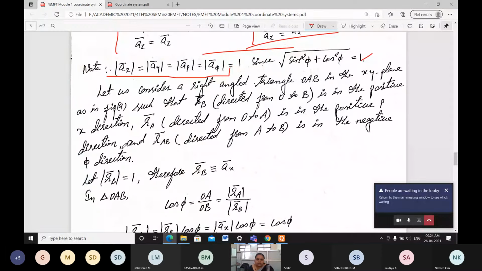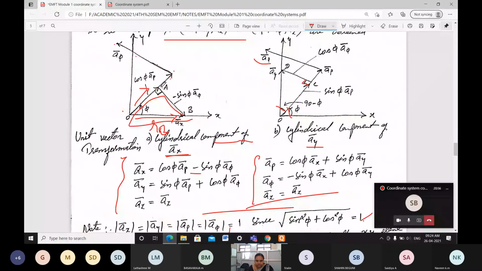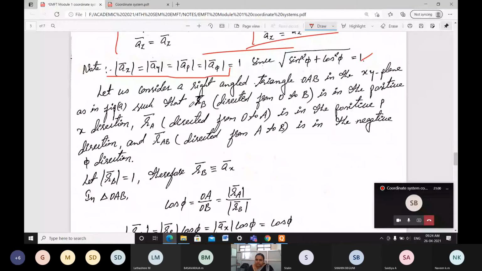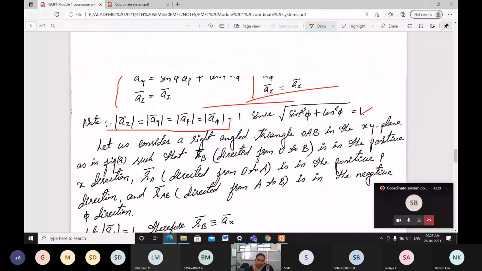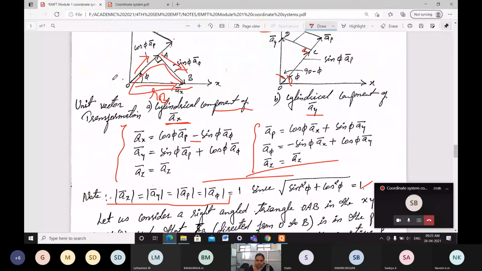And RAB is directed from A to B. Both RB and RA are in a positive direction, then our RAB is in the negative direction.